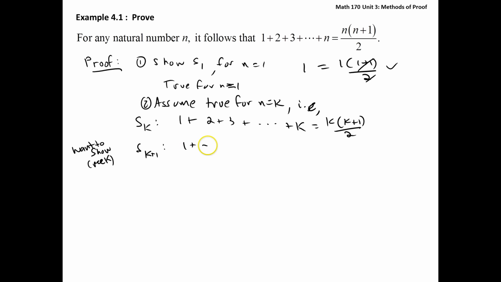What that is, is 1 plus 2 plus 3 up to k, and then the next one, k plus 1. And then on the right hand side, if I replace k by k plus 1, I get k plus 1 times k plus 1 plus another 1, which would be k plus 2, all over 2. I want to show this.